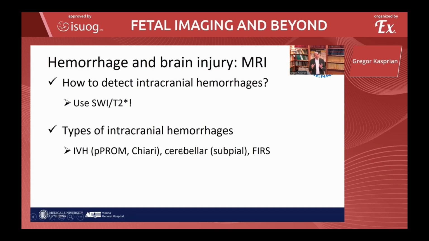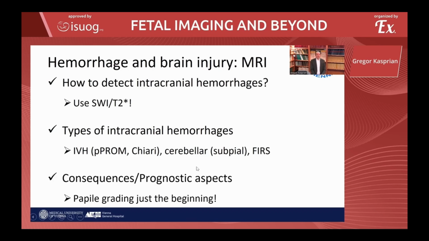Whenever you see multifocal lesions, think about COL4A1. And also in premature rupture of membranes, think about fetal inflammatory response syndrome, whenever you also see effusions or placental anomalies. Another potential cause for fetal brain hemorrhages is the SARS-CoV-2 infection, as documented by the work of Patrick Kienast.